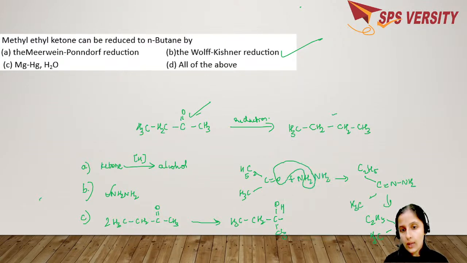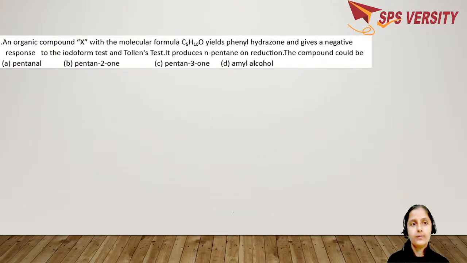This combines with one more molecule of the same kind to give CH3, CH2, CH3, which gives you a pinacol. This is called pinacol. So the correct answer would be option B over here.